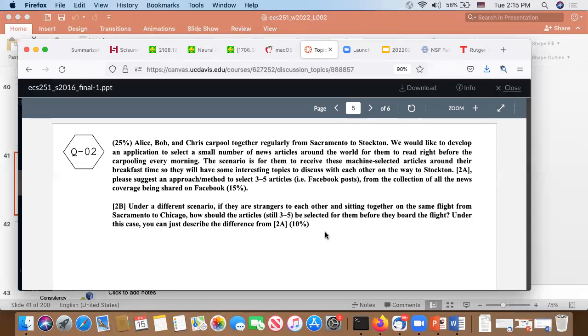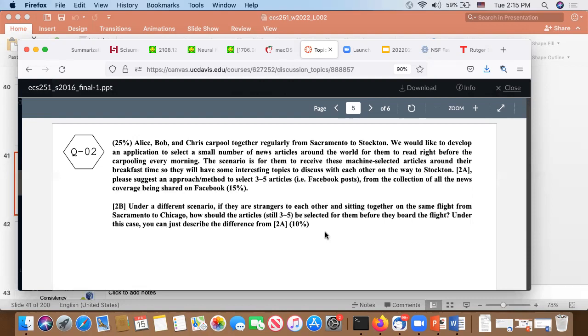So I asked the students, if you have somebody doing carpooling, typically people carpooling will talk about something, but then you want to see what kind of article you would recommend for them to read during their breakfast, so they can talk about those articles.